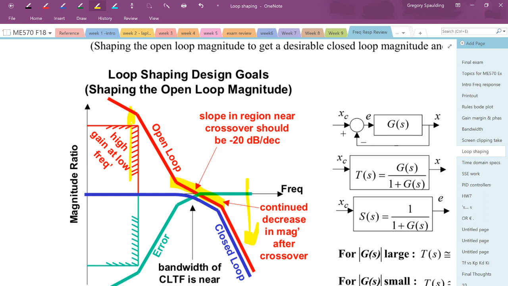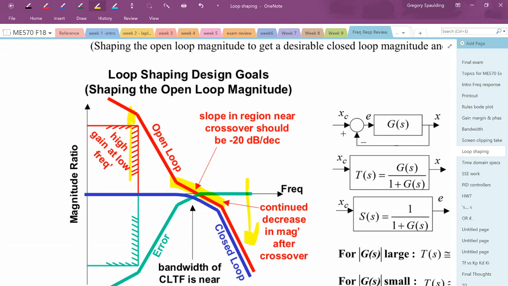And then the minus 20 dB per decade across the crossover frequency, we accomplish that because we want to maintain our phase margin, which would be 90 degrees or minus 90 degrees at that.